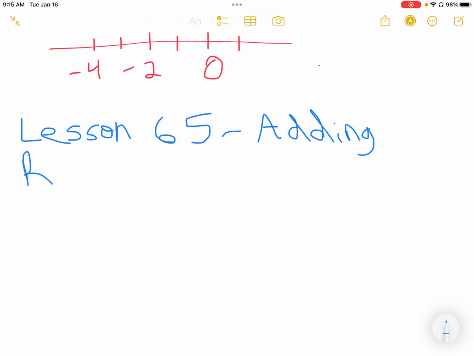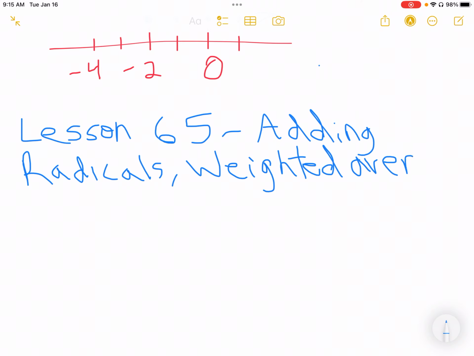And then we're going to talk about weighted averages also. Weighted average is like your grades in class, for example. There's some sort of weight, and everything counts for different amounts.